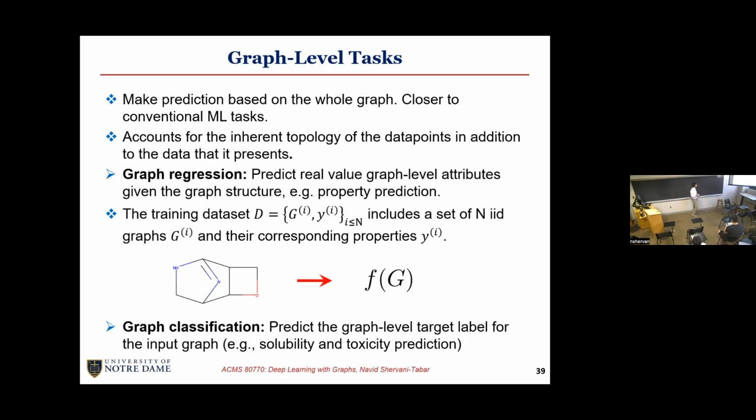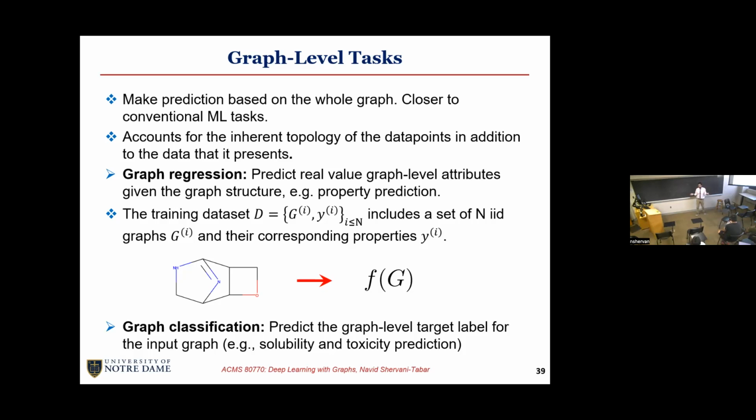Two examples. One is graph regression, where you have a dataset of different graphs, like molecules, for example, and you want to predict a real value for each of these, like a chemical property of the molecule. Your dataset is essentially a set of molecular graphs, which we show with G, and their corresponding labels.